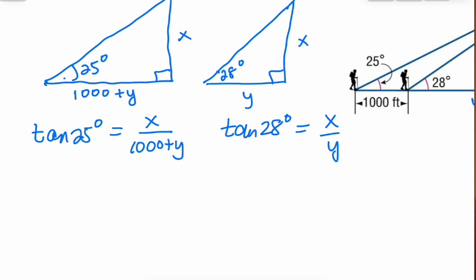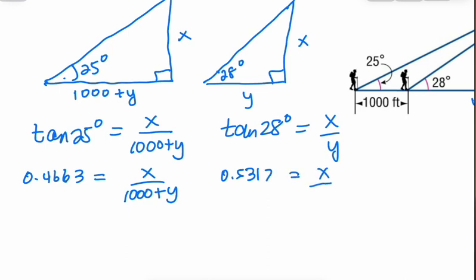We're going to go to 4 decimal places. The tangent of 25 is the decimal 0.4663. I'm sorry, yeah, that's 1,000, okay. The tangent of 28 is 0.5317. Now, I'm just putting those numbers in because I don't want you to get confused. That's just a number. Okay.